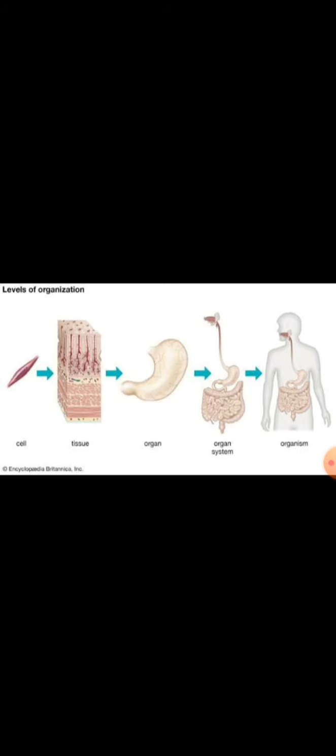The heart is present in our circulatory system, and its main function is to pump the blood. Similarly, different organs in our body are organized in such a way that they can continue with their functions.